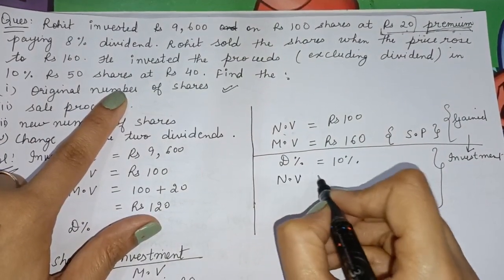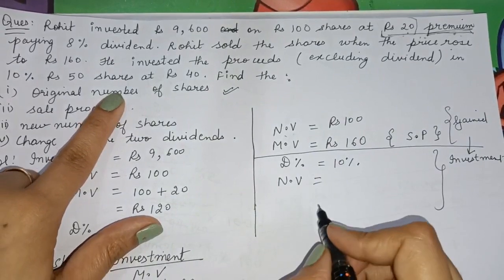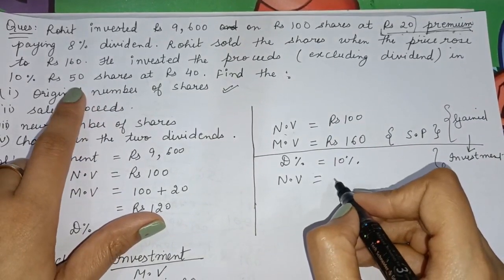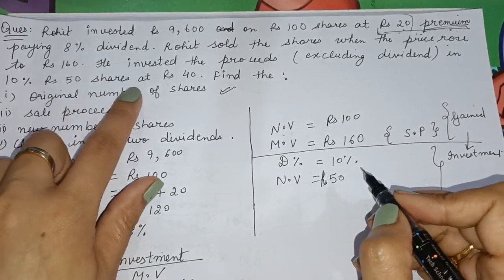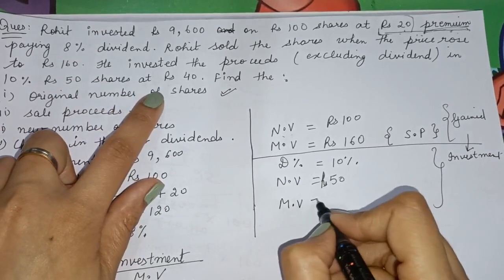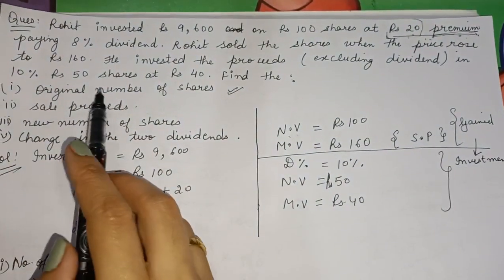So don't get confused about the nominal value when he is doing this investment. The nominal value is rupees 50 now, at rupees 40, that means market value is 40. How to differentiate which is nominal and which is market?